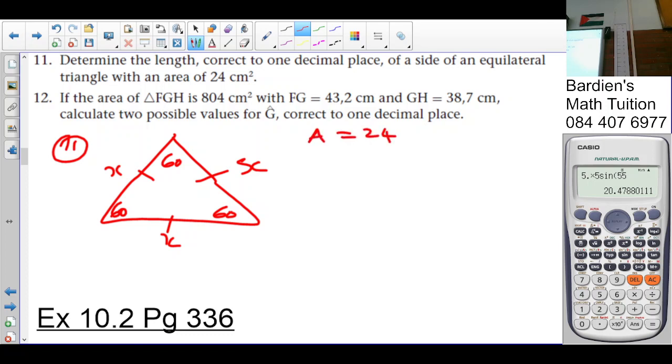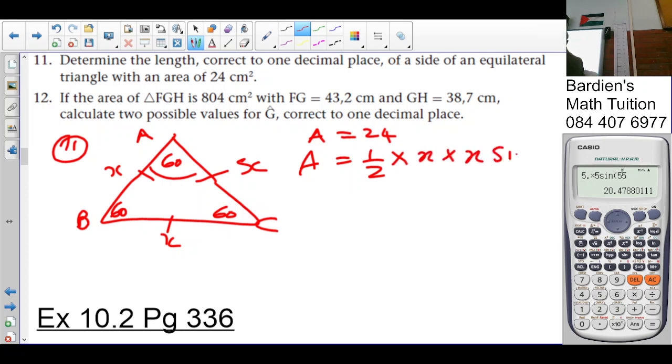How do you calculate the area? If this is triangle ABC, the area of a triangle is going to be a half, with that angle, I can use any angle, a side times a side times sine of 60 degrees. The area is 24. So it will be half x squared sine of 60.